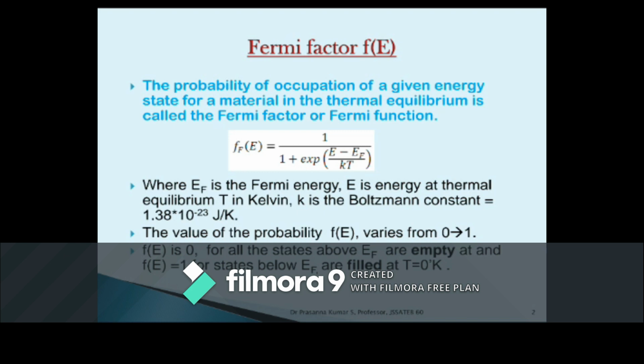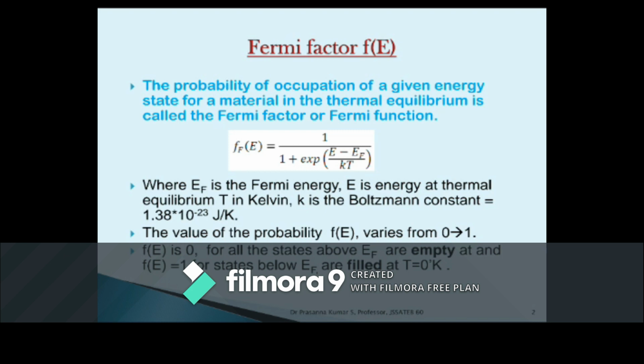And this f(E) is the probable value. From mathematics you know that the probability varies from 0 to 1. The value of probability 0 means that particular event does not exist. Here, with respect to the electron, if the probability f(E) is 0, it means that particular state is unfilled or empty.